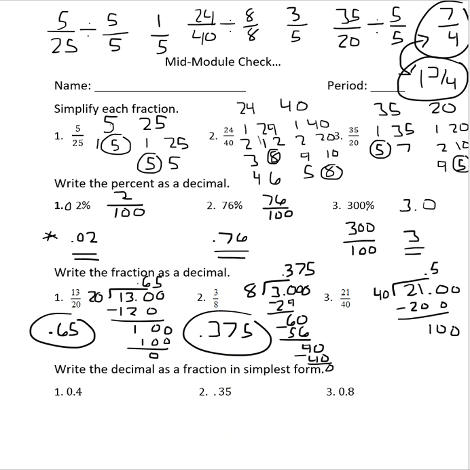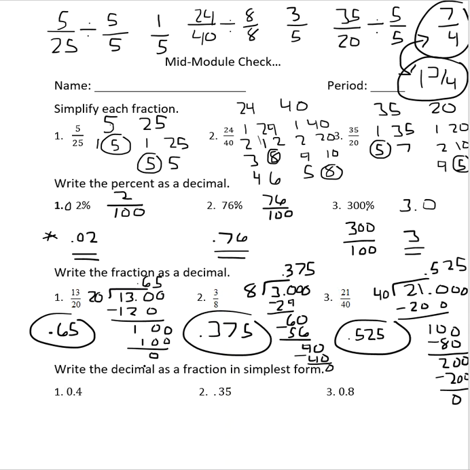Add a 0, bring a 0 down. 40 goes into 100 twice. 2 times 40 is 80. We're going to add one more 0, bring a 0 down. 40 goes into 200 5 times. 5 times 40 is 200. Okay, voila. 21/40 as a decimal is 0.525 or 525 thousandths. Okay, now the last section, write the decimal as a fraction in simplest form.